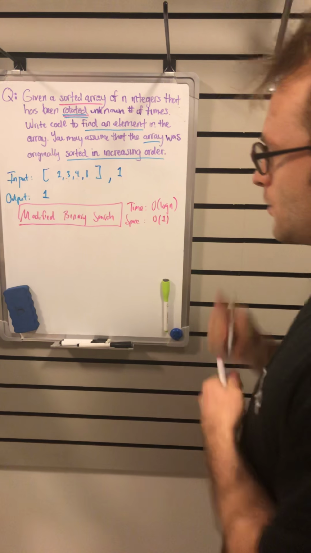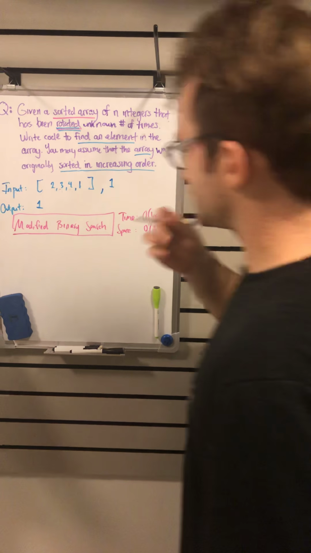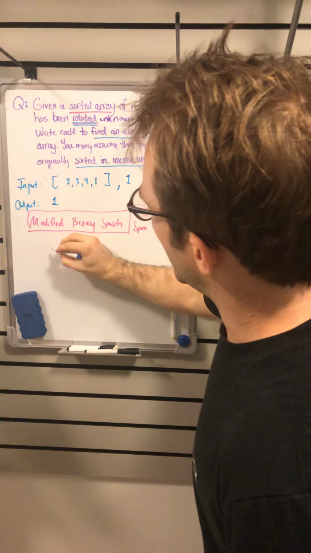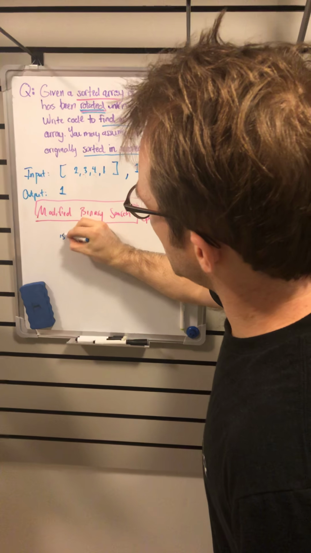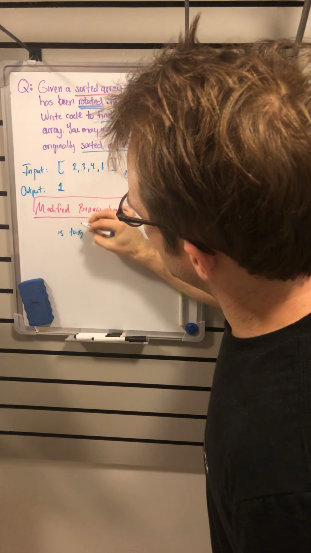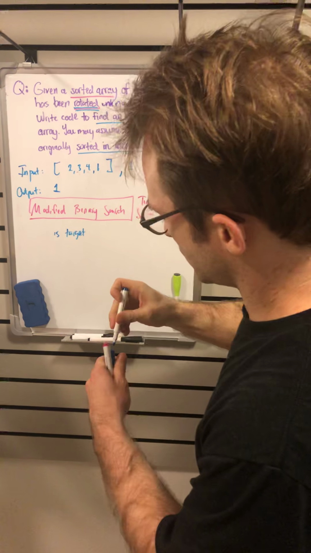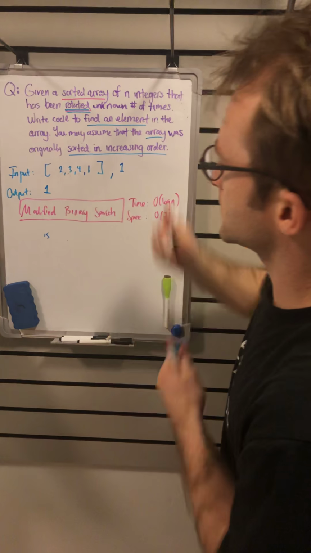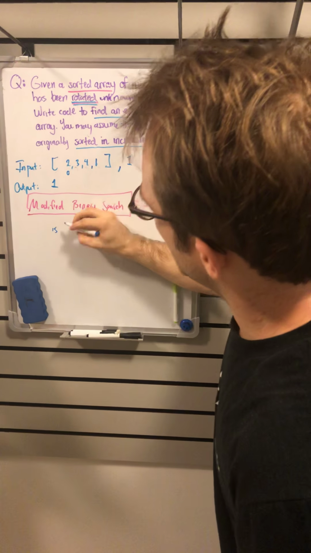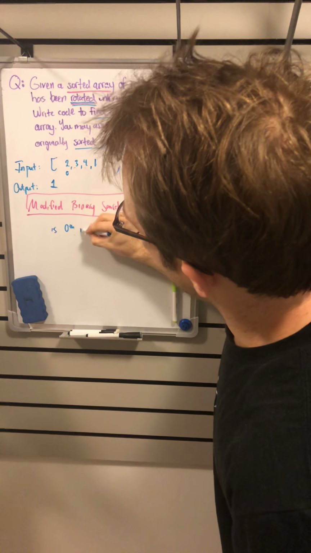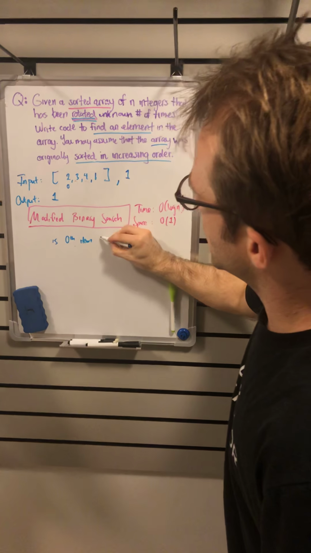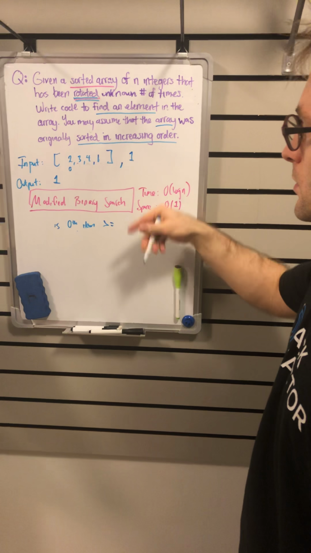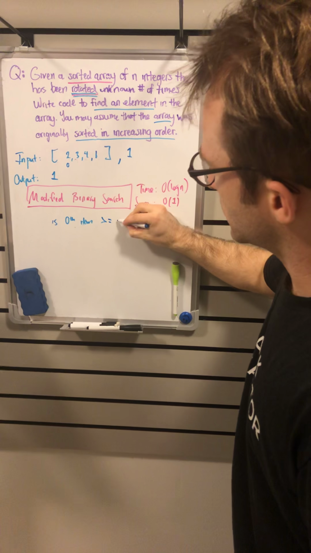So the first question we want to ask is, the target, is the first guy, the 0th item here, is the 0th item greater than or equal to the middle item?